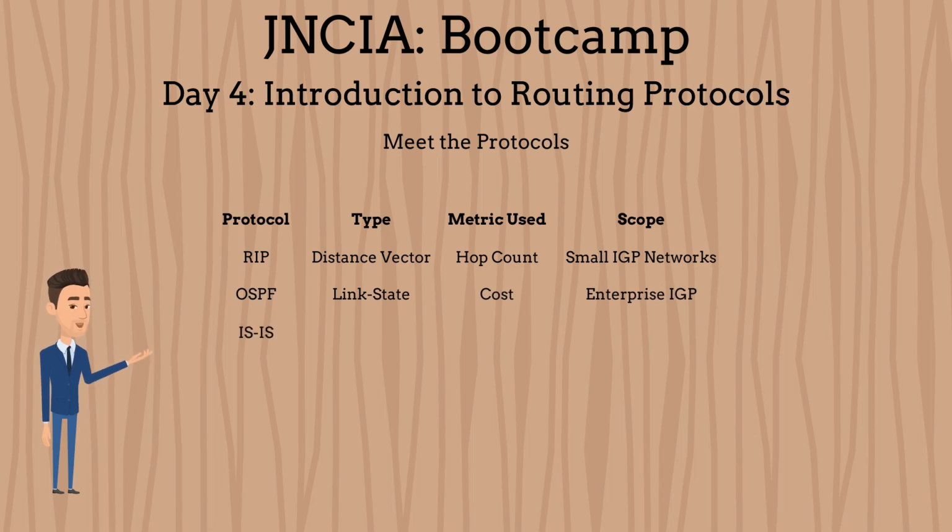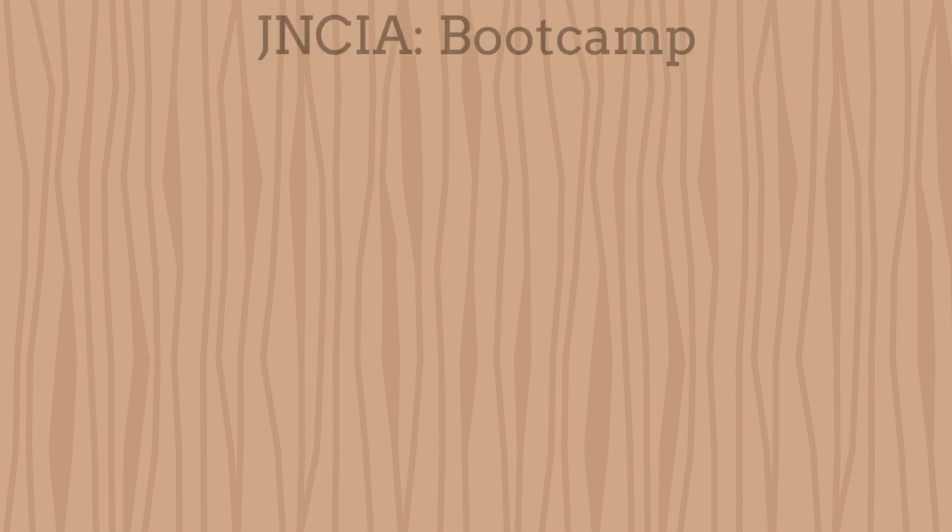Next, we have IS-IS. It's also link state. The metric uses a cost via its TLVs, and the scope is large IGP, ISP. And we have BGP, which is path vector. The metric used is policy, AS path, and the scope is Internet EGP.